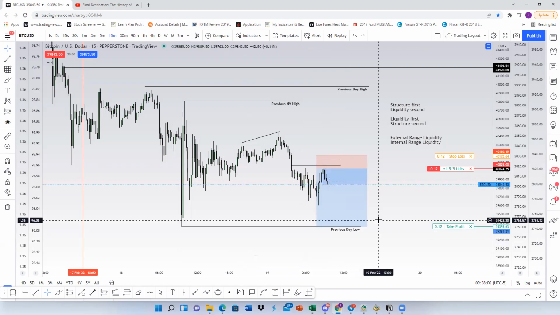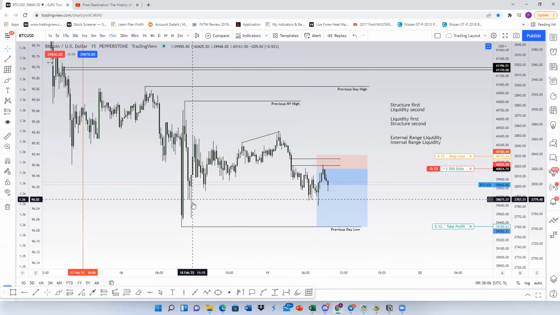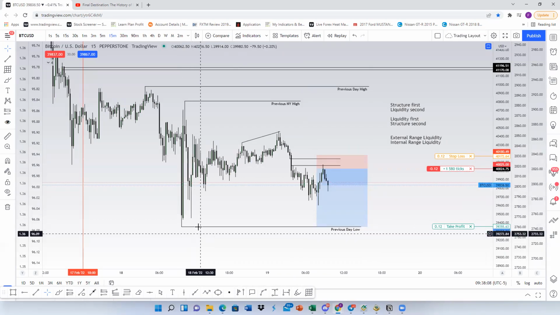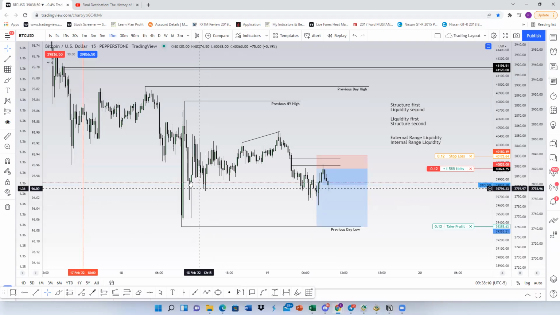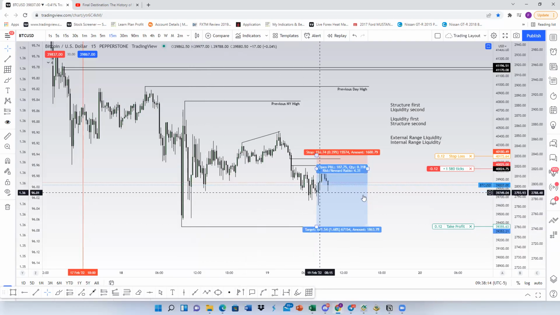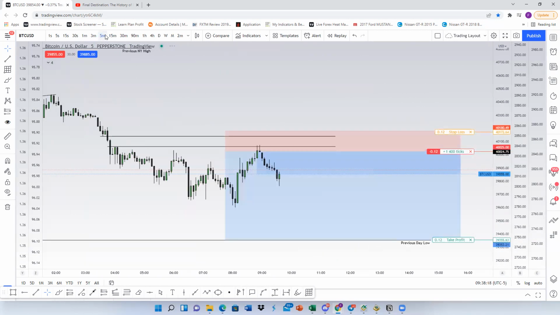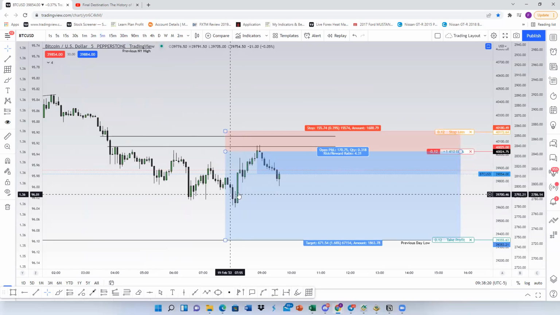But what makes me kind of icky towards this setup is the fact that this failed to take out this low. So due to that, when I see this imbalance being filled, I don't even know if it's an imbalance. Let me check the 5-minute chart. Yes, this imbalance is being filled up.